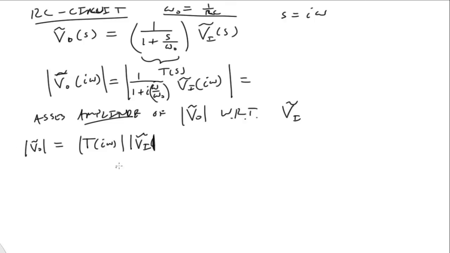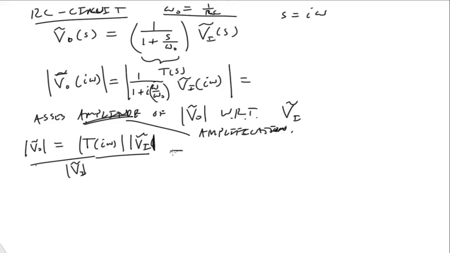I can write it like this, but what I really want to know is the amplitude, or the amplification. So I'll divide both sides by the magnitude of V in, in which case we get the ratio of the magnitude of V out over V in is equal to the magnitude of the transfer function.